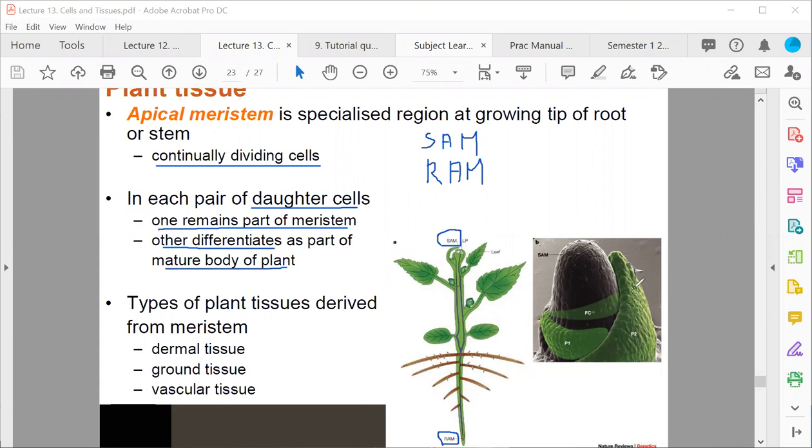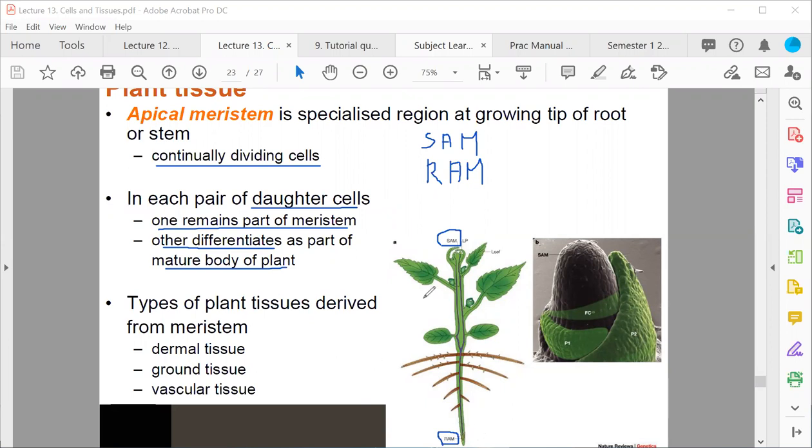So it might start differentiating, for example, to form a leaf, a lateral bud or a flower. But remember that there's always one daughter cell that remains undifferentiated, so that meristem persists throughout the lifetime of the plant. And the same thing occurs in the root apical meristem down here.